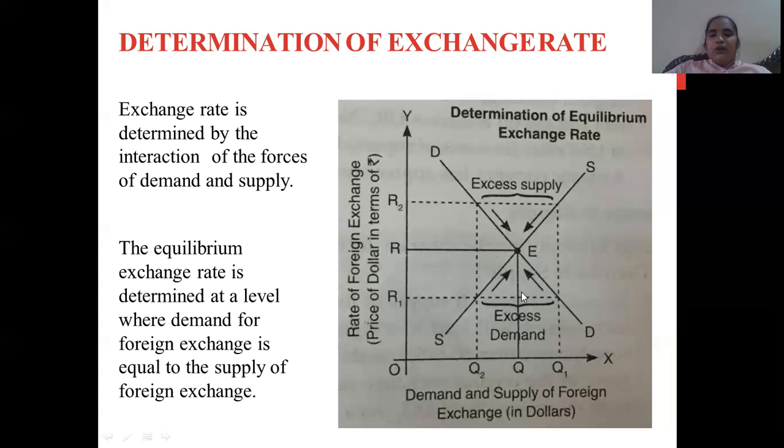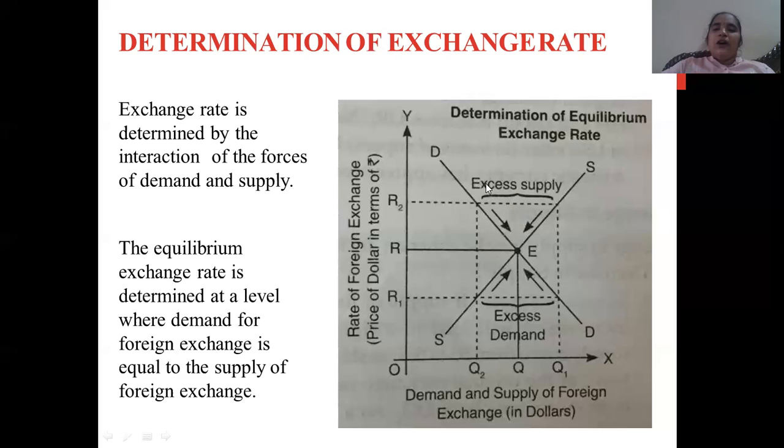So this part here is excess demand. This part is excess supply. Say when the price is R2, I am supplying Q1. But at price R1, the people want Q1. So this much part is excess demand, and this much part above E is the excess supply.